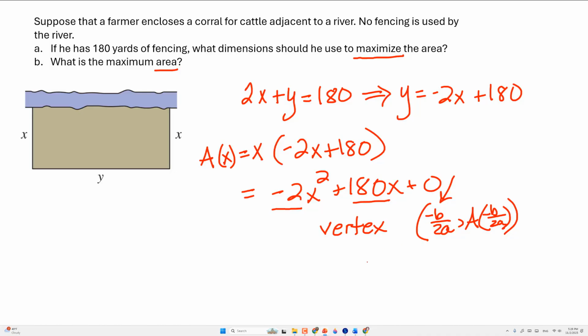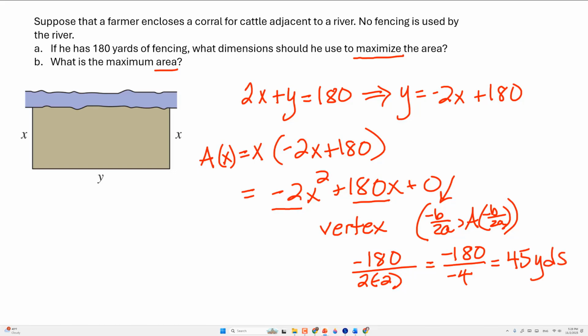So negative b over 2a is going to be negative 180 over 2 times negative 2, and that's going to be negative 180 over negative 4, and that is going to be 45 degrees. I mean, sorry, 45 yards. I'm thinking of my circle. All right, so 45 yards is going to be your x. That's going to be this width right here.